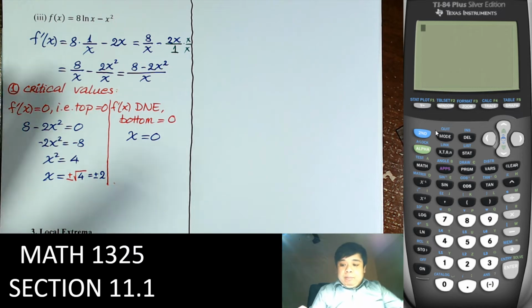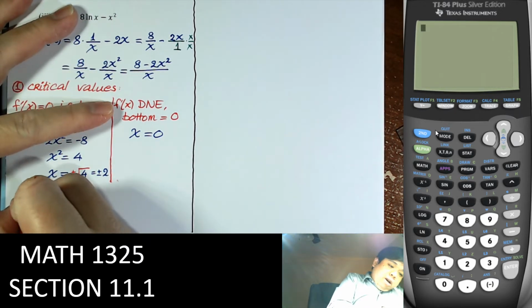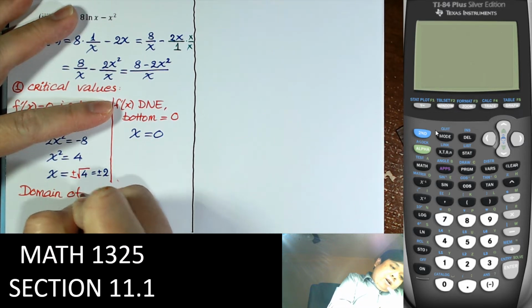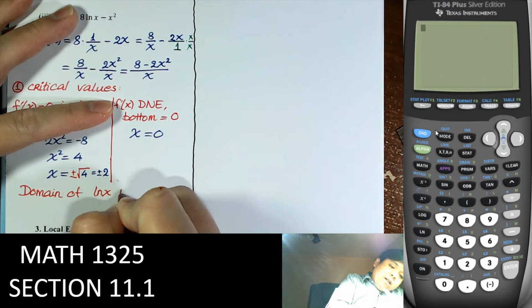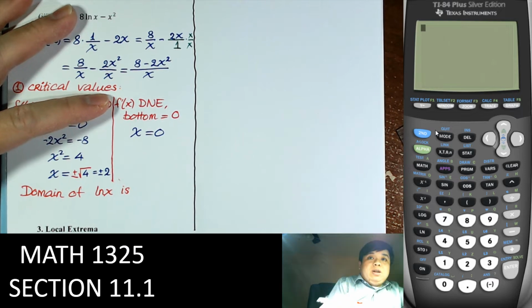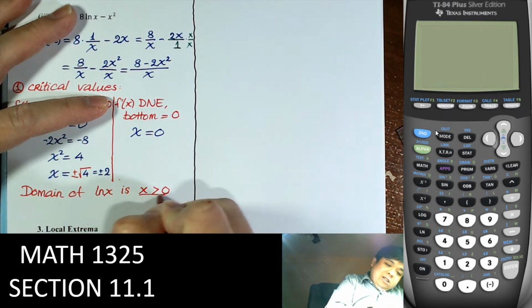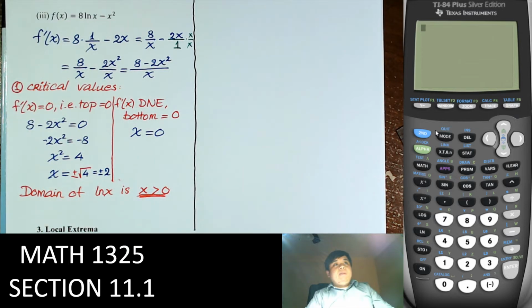So for this very big thing, if we want the critical values, we have to check with the domain. In this case, the domain of ln of x is positive numbers, because if we put a negative number as an argument of the natural log, it will be undefined.